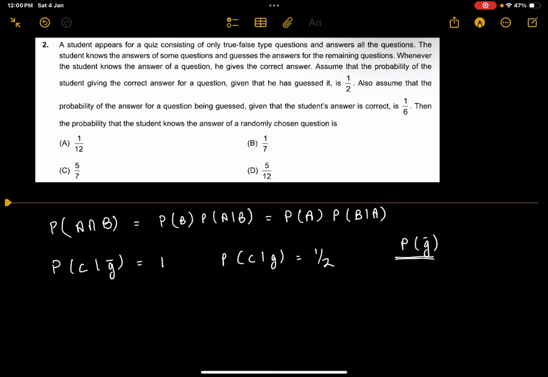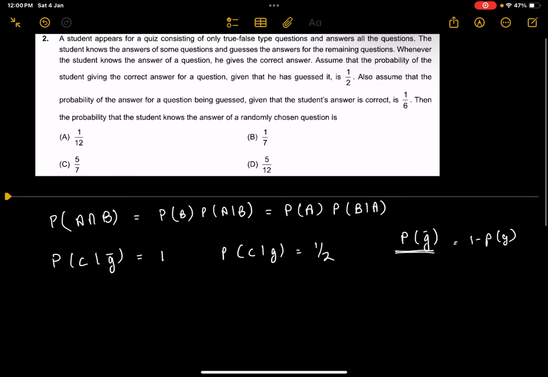This is what we are required to find, which is 1 minus P(G). We are also given that given that the student's answer was correct, the probability of the answer for the question being guessed, that is P(G given C), is 1 by 6.